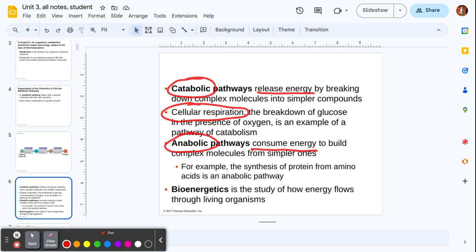And as you break down your food, you're releasing energy, which is why it's catabolic. We use that respiration in there because we know everybody's got to breathe. They have to use oxygen. And in order for cell respiration to happen in humans, the way it normally happens in humans, we have to have oxygen present.